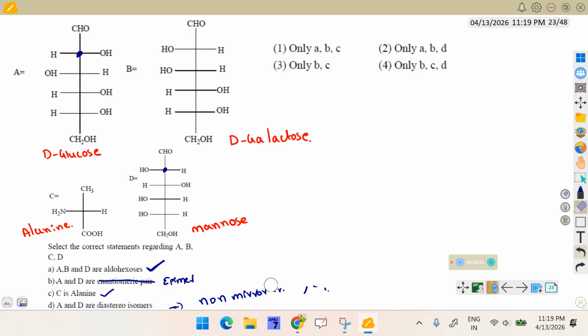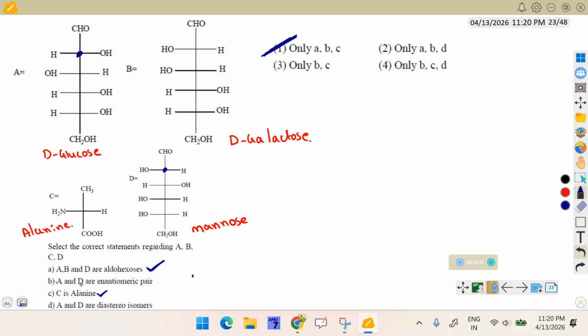Check it once again. A, B, D are aldohexoses, correct. C is alanine is also correct. With A and C only, one option is there, that is the first option.